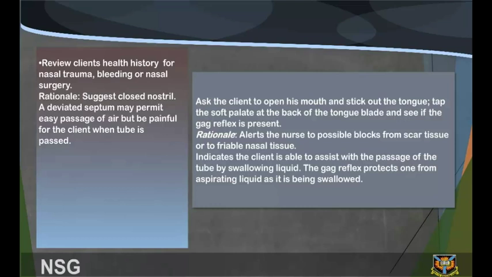Rationale. Alert the nurse to possible blocks from scar tissue or to friable nasal tissue. Indicates the client is able to assist with the passage of the tube by swallowing liquid. The gag reflex protects one from aspirating liquid as it is being swallowed.